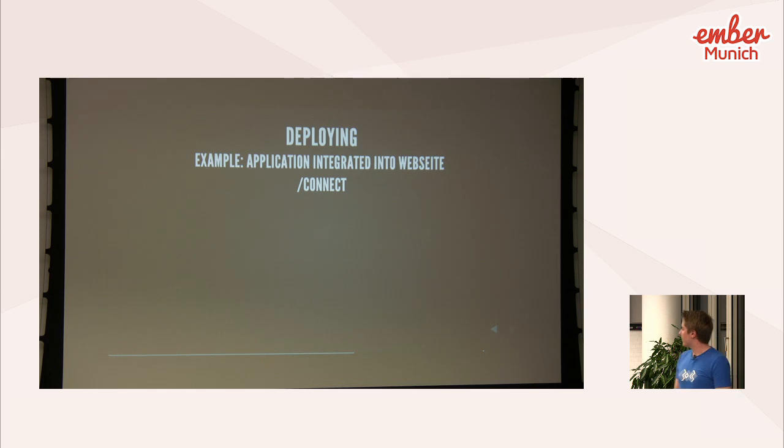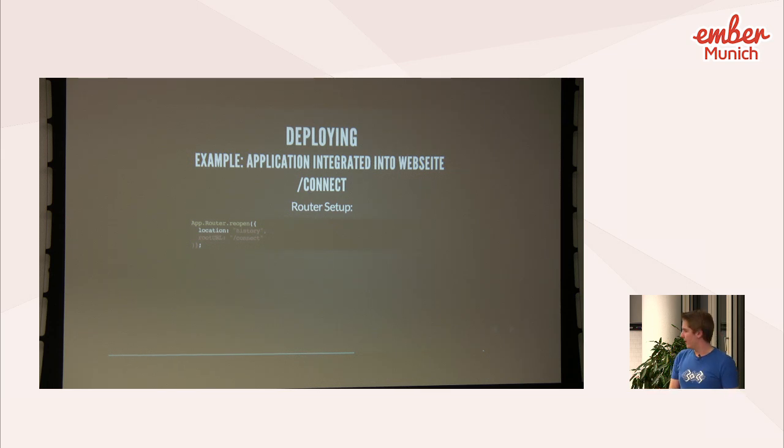All right. So for example, we have an application that lives on our web server in the /connect directory, because it's for connecting your users. And it's actually quite easy. For example, this is code from the application router. You can say that it should use the HTML5 history and has the root URL with /connect.